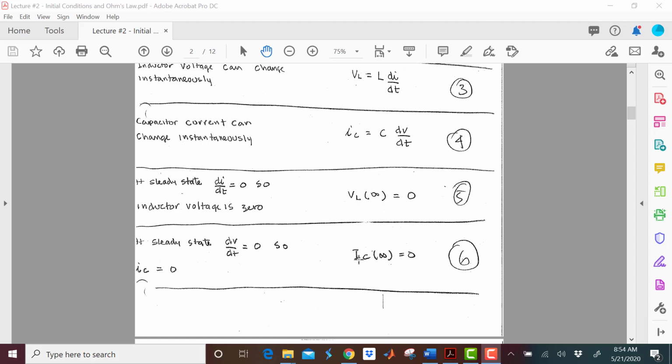And we get a thud, thud, or more realistically, a boing, boing. But the circuit again ends up in steady state at time infinity. So we have steady state, transient portion, steady state. And these two rules give us what we need at steady state, namely the inductor voltage is zero, the capacitor current is equal to zero.